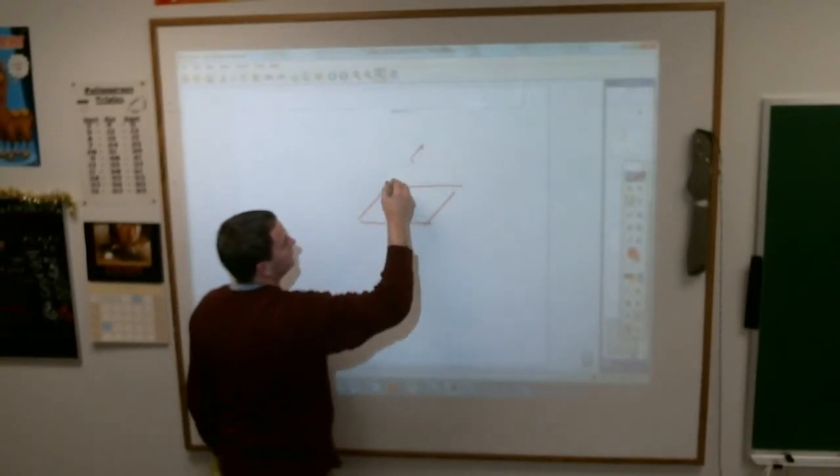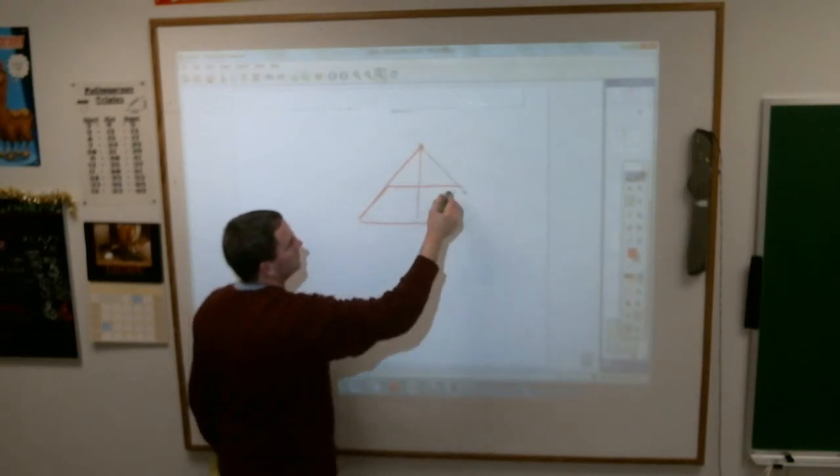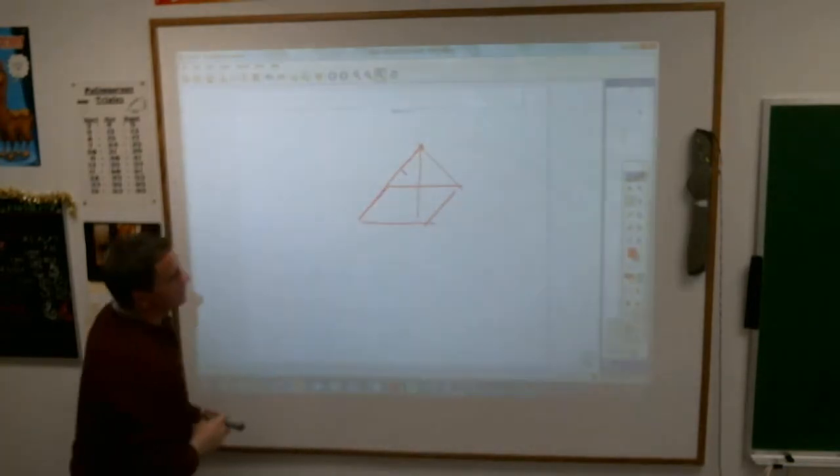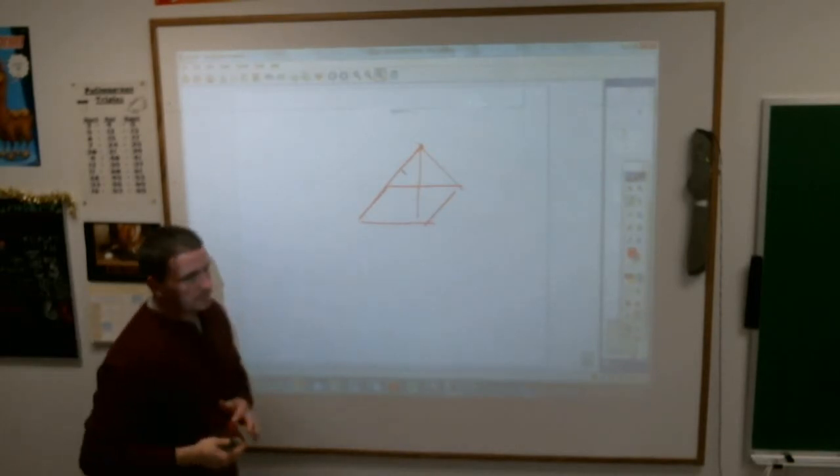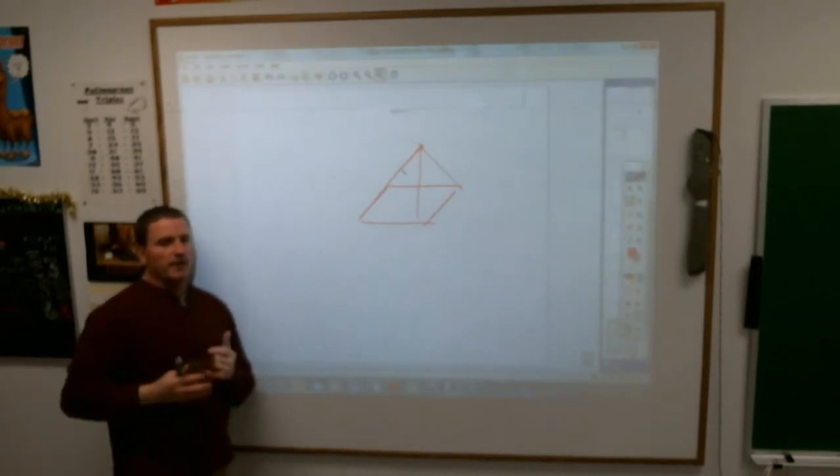Here's my pyramid. Draw me out what you think the net of this would be. Got triangular pyramids. What would the net of this thing be? By the way, there's a whole bunch of different ways to do it. First way, Evan, what would it be?